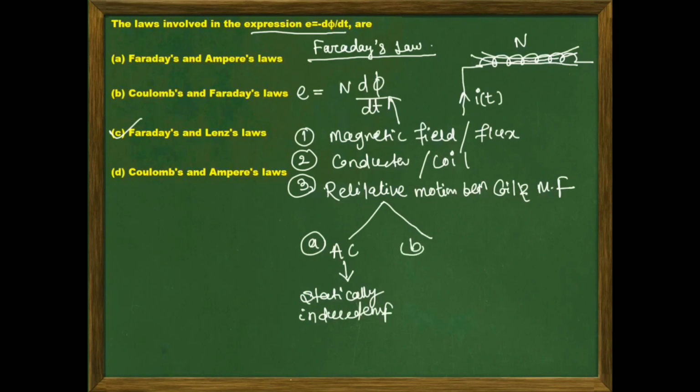And in case of DC, as the DC is constant with respect to time, the flux is also constant. So here we have to make some arrangement so that the flux will vary. So in that case, we go for motion, that is space variation. So when we produce EMF by this method, we call it dynamically induced EMF.